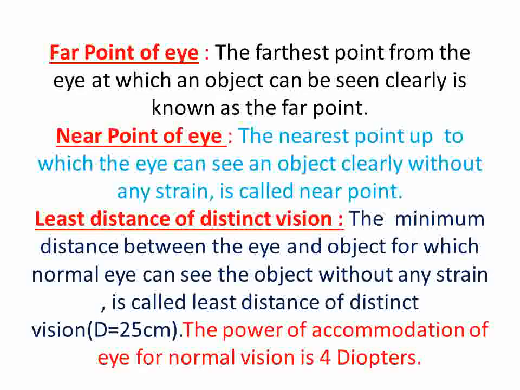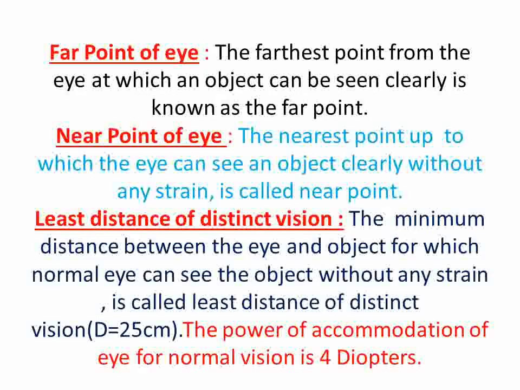Far point. The far point of a healthy human eye is here. The near point is at the least distance of distinct vision, at which I can observe the object closest to it. The definition is just like this. The farthest point from the eye at which an object can be seen clearly is known as the far point. That is at infinity. Stars are at infinite distance. That is the far point.